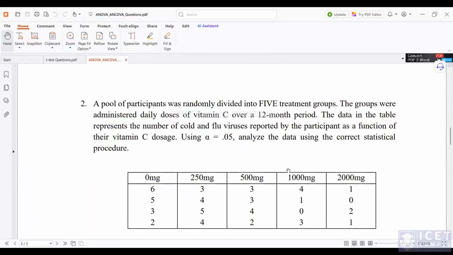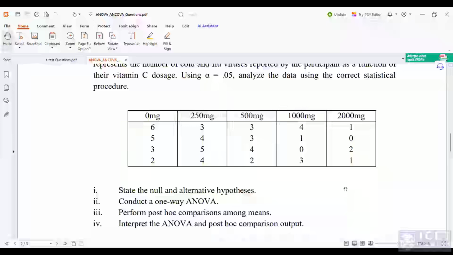Right, so you can see here there are five columns: 0 milligram, 250 milligrams, 500 milligrams, 1000 milligrams, and 2000 milligrams. Then what we need to do is state the null and the alternative hypothesis, conduct one-way ANOVA, perform post-hoc comparison, and interpret the ANOVA and the post-hoc comparison test.